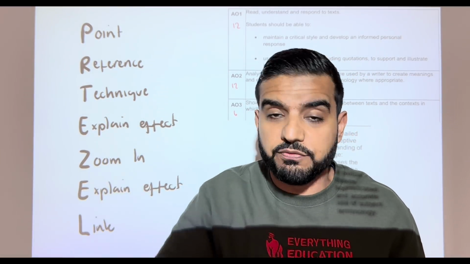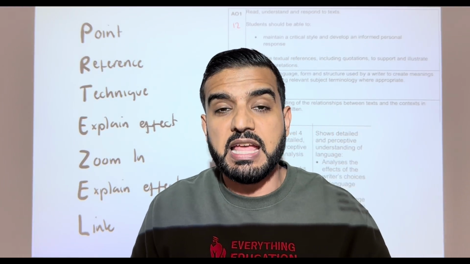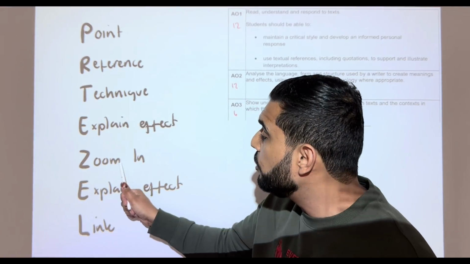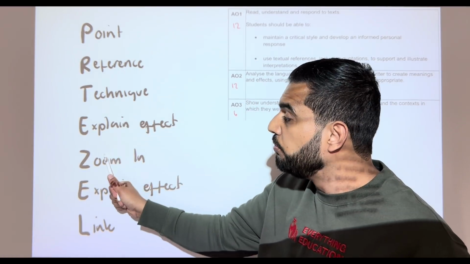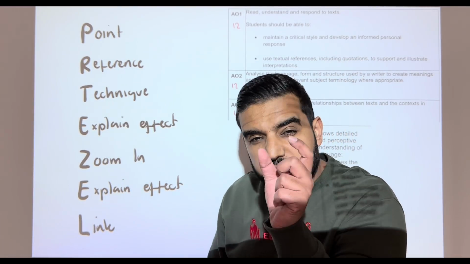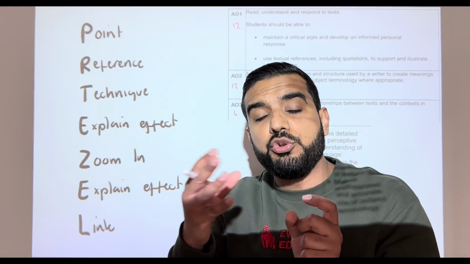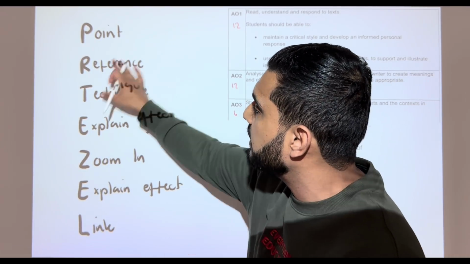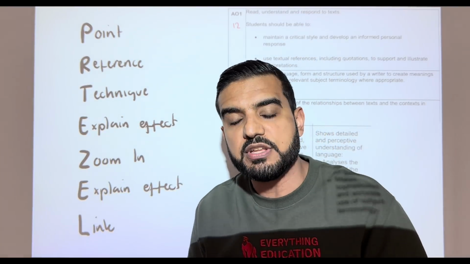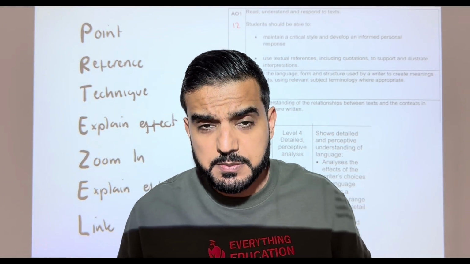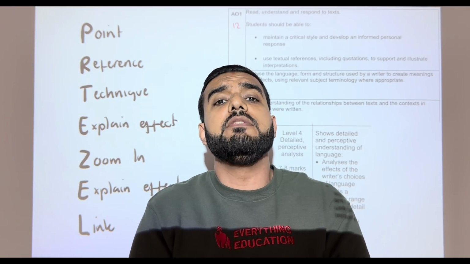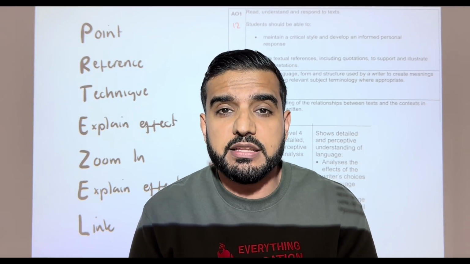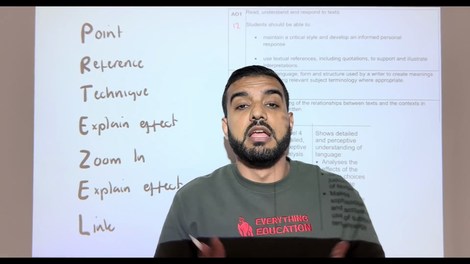What is the effect of the verb? What is the effect of the simile? And then once you've done that, we go back to our quote and we zoom in. When we zoom in, we either pick out a word or we zoom into a different device. We explain the effect and then we link everything we've argued back to our point, and there you are done. Guys, that is why I believe pretzel paragraphs are perfect for English language and English literature.